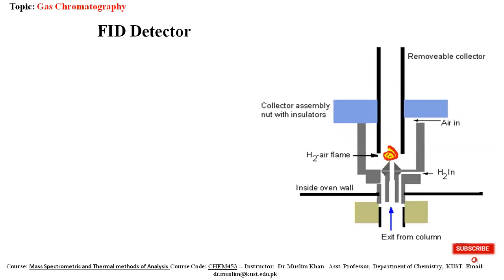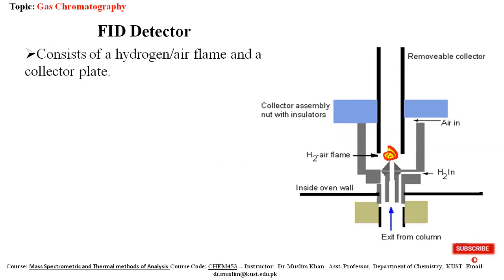The next one is flame ionization detector. This consists of a hydrogen and air flame and collector plates, with insulators inside on the wall.